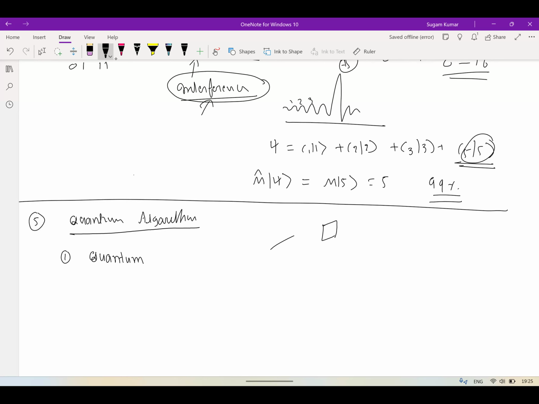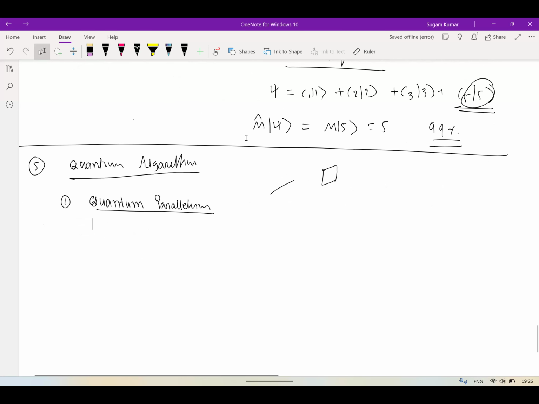So here I will focus on quantum parallelism. Already we have talked about it more. For example, when I say creating a superposition, this is what is called quantum parallelism.